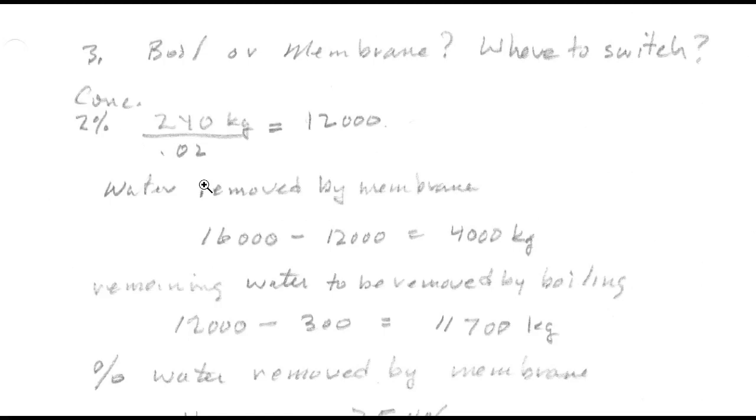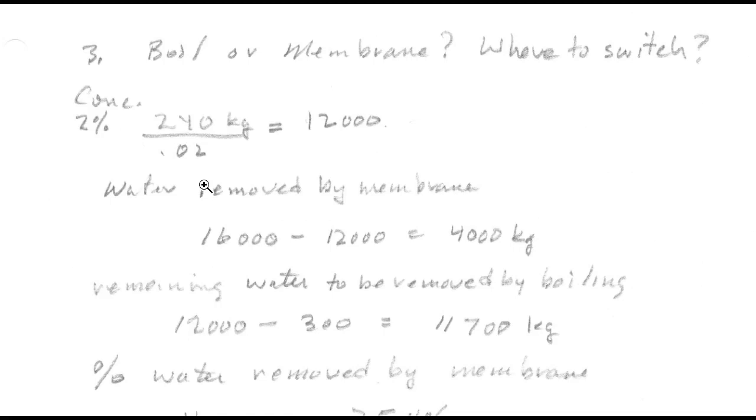Let's take an example of using a membrane to concentrate from just 1.5% to 2%. That doesn't sound like much, but at 2%, the total amount of liquor, if you want to call it that, is now down to 12,000 kilograms.